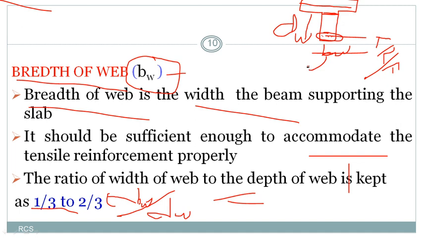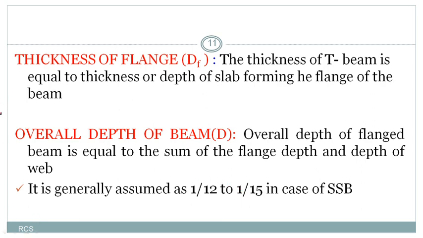The ratio of this to this must vary between 1/3 to 2/3. Like that we can provide a width of the web so that we can accommodate tensile reinforcement. Next one is thickness of the flange. This thickness of flange is generally designated with D suffix f, and this is equal to your thickness of the slab.